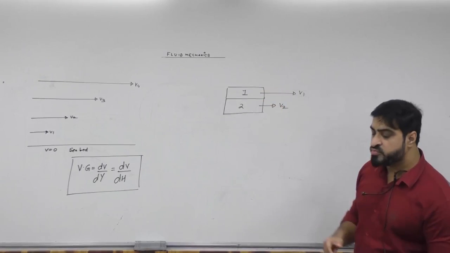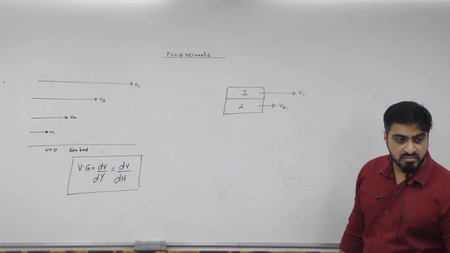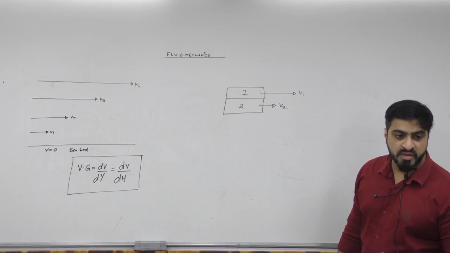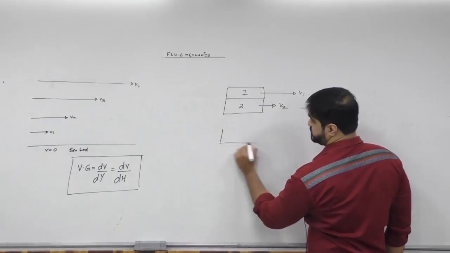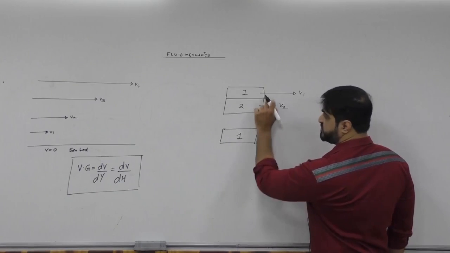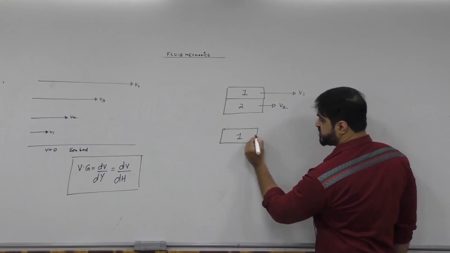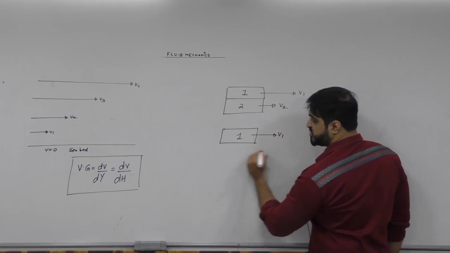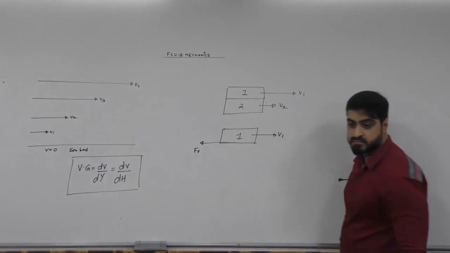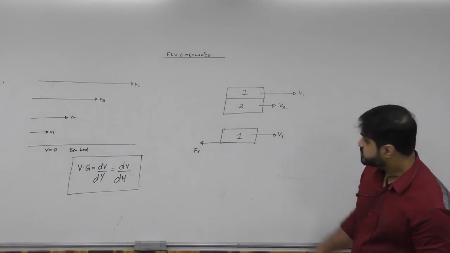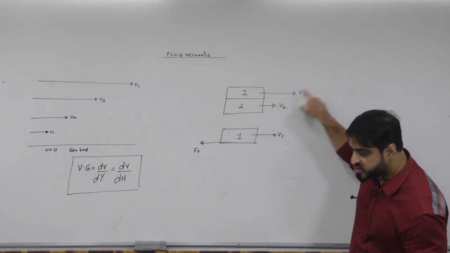इसी के बीच में आई वॉन्ट टू मेक द फोर्स ऑफ फ्रिक्शन. इफ आई वॉन्ट टू मेक द फ्री बॉडी डायग्राम, आई विल ओपन दिस वन. कौन बड़ा है? V1 is bigger, so relative motion is here. Where will be the viscous force? This way. देखिए ना, ये आगे बढ़ रहा है with respect to him.